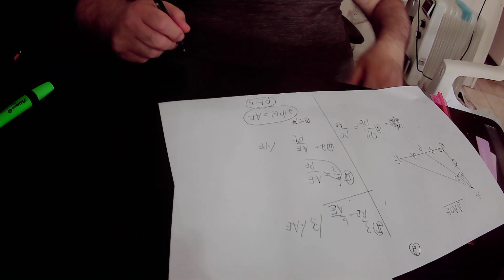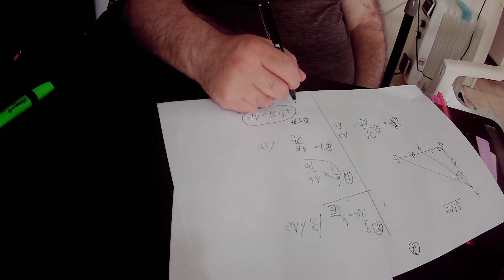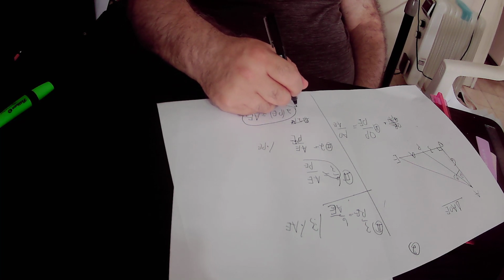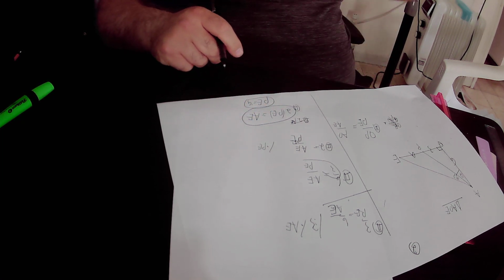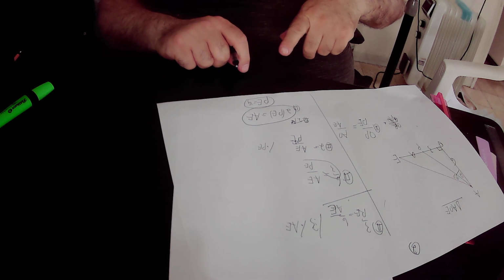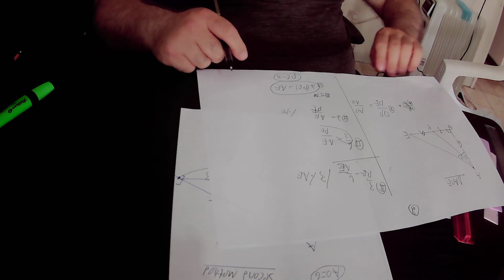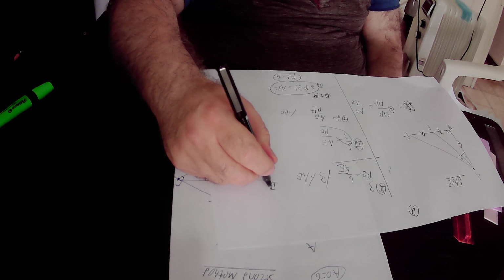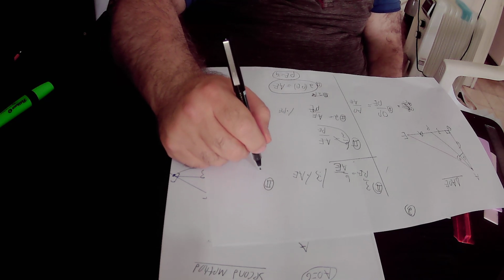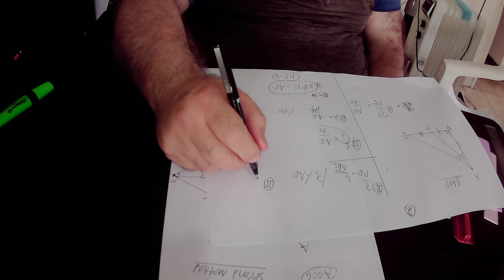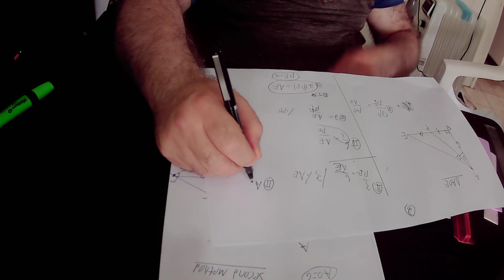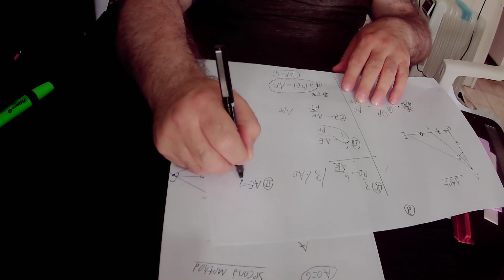So from equation number 2 we get that 2 times PE equals AE. We can substitute PE by A and we get that according to equation number 2, AE equals 2A.